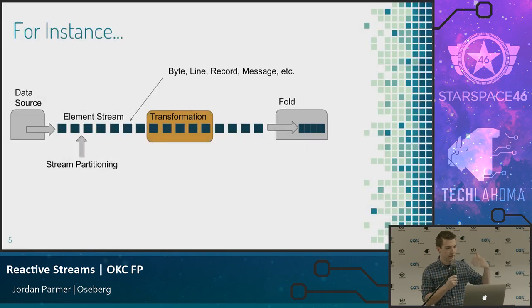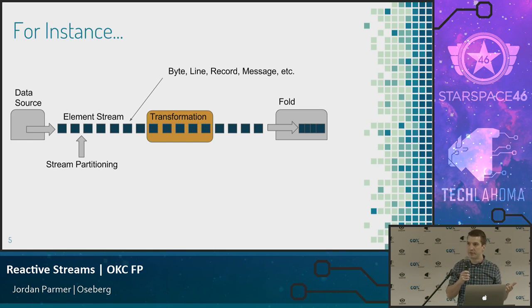At a very high level, I just want to throw out some diagrams before I dive into the specifics. We've got a data source on the left, emitting elements. Those could be any kind of thing. It could be bytes, lines from a file, or actual records in your code base.